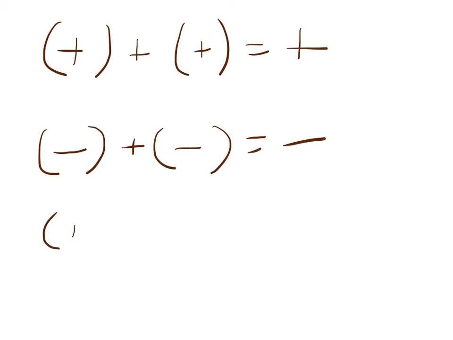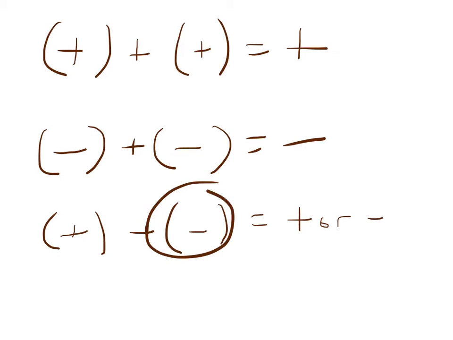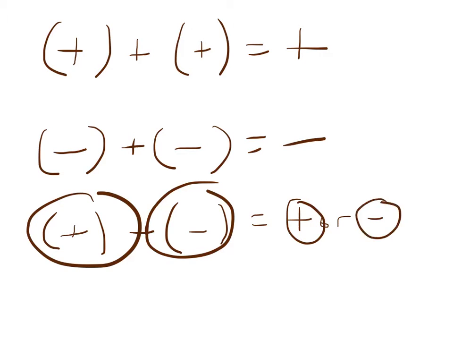If we add a positive number and a negative number, it could be positive or negative. It just depends which of them would be bigger. If the positive number would be bigger, then our answer would be positive. If the negative number was bigger, then our answer would be negative. So that's what we want to work on here today.